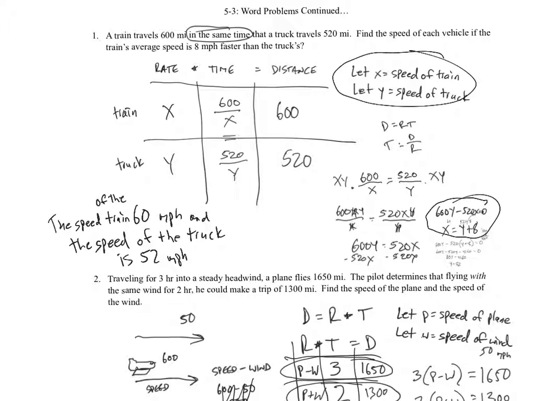I mean, if you're asked to provide the two, they would be essentially 600 over x equals 520 over y, and then I guess you'd have to change it to 600y equals 520x. I don't think you're going to have to do that, but you should at least know that.